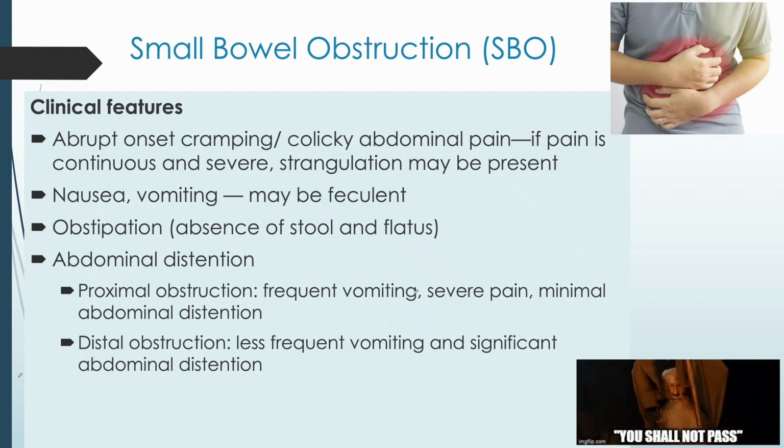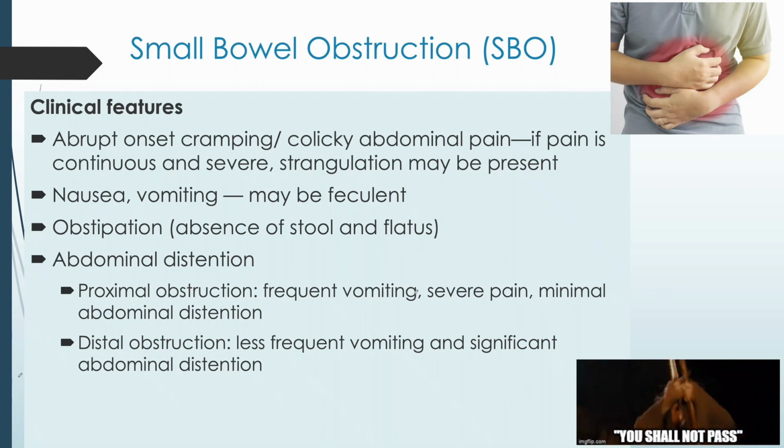So how do patients present? Well, you have a blocked part of your small bowel, and so you can imagine that with the buildup of air and contents, you get this abrupt onset of colicky, crampy abdominal pain.